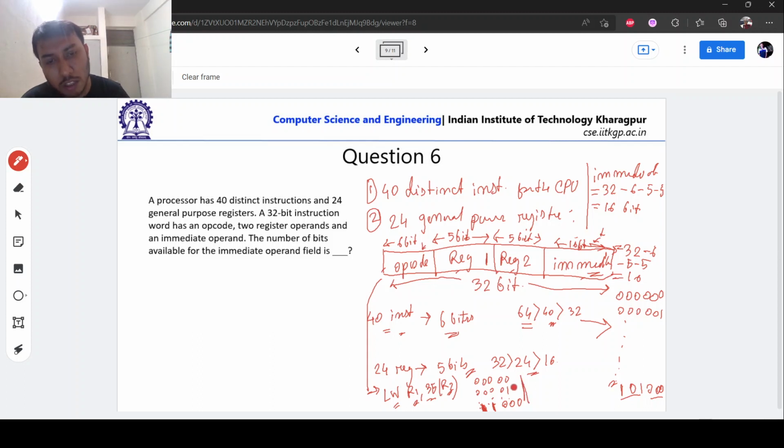Again we showed how each of the addresses can be represented. So the immediate part will be 32 minus 6 minus 5 minus 5 equals 16 bit. So the answer is 16 bit.